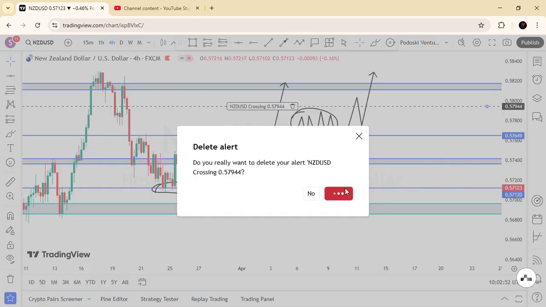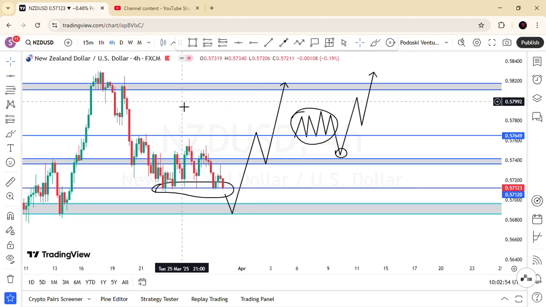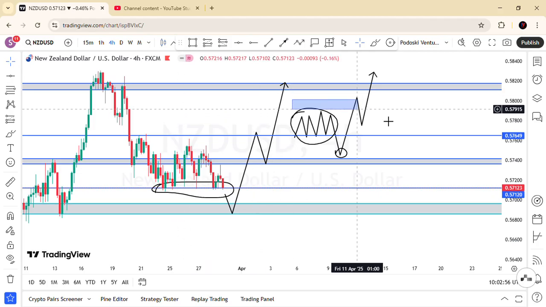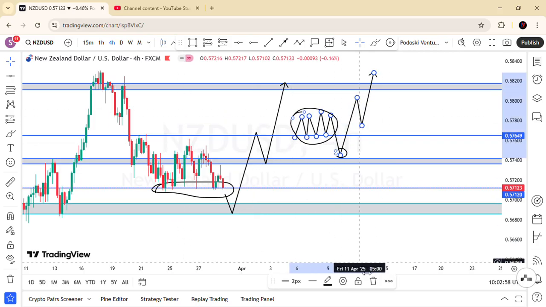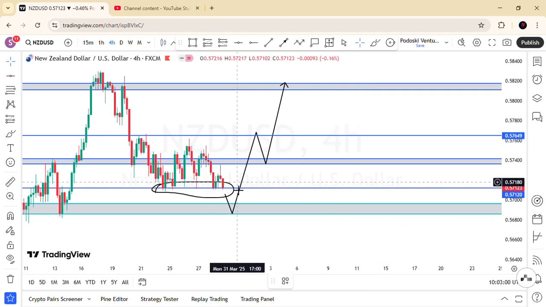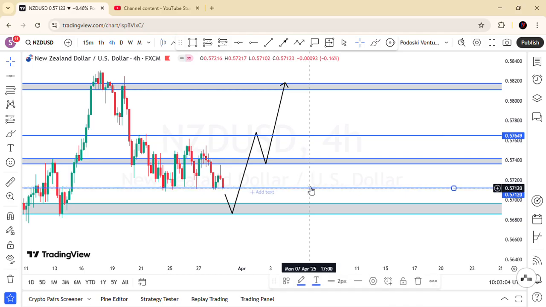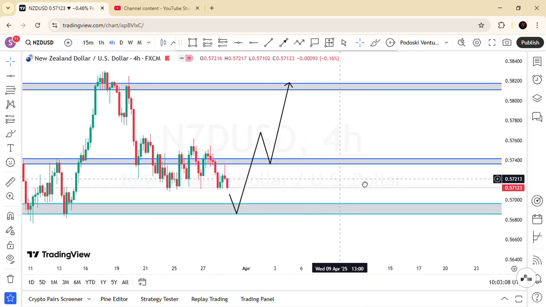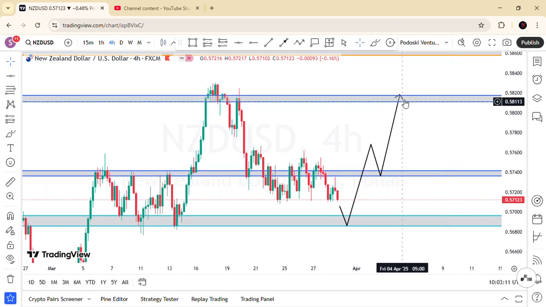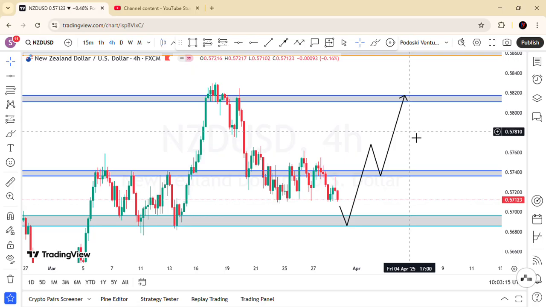This is what I'm interested in. If price does this, I'm very sure it will go. So you just have to watch out for price to do what it wants to do.